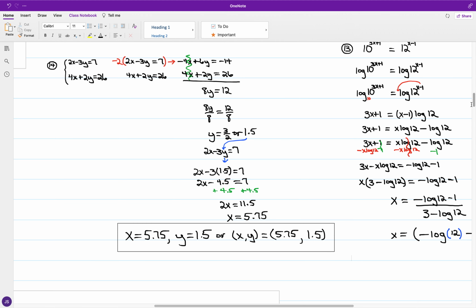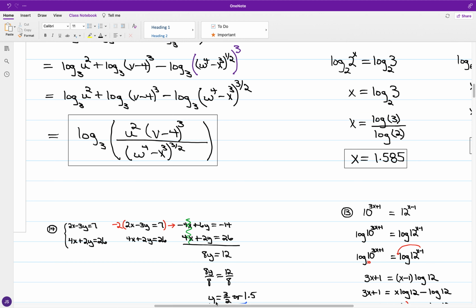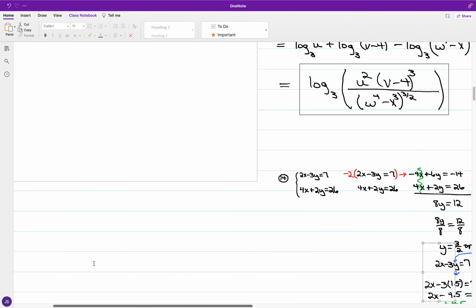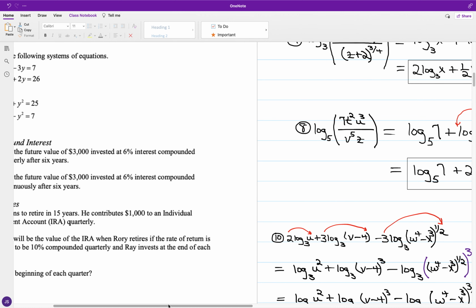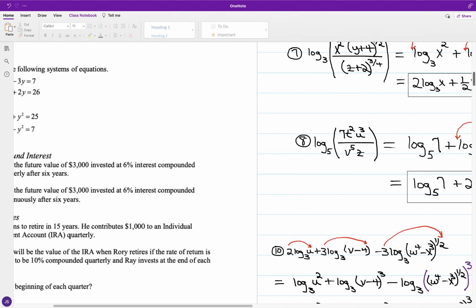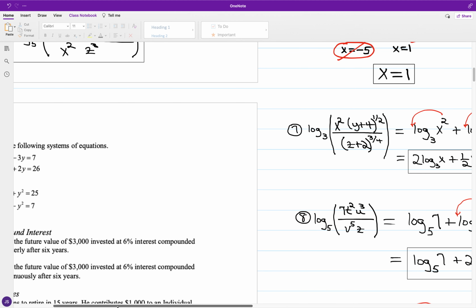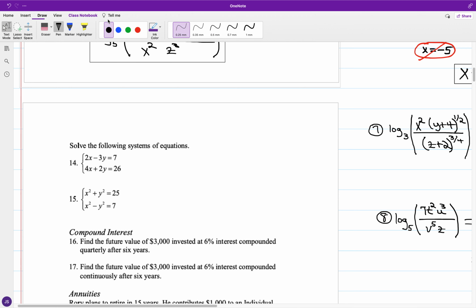Okay, now for what we have in the case of the nonlinear system, number 15. So you have the sum of squares at 25, and then we have a difference of squares where x squared minus y squared is equal to 7.